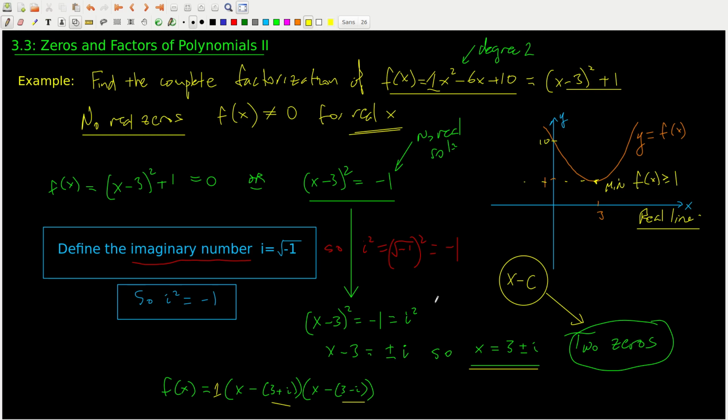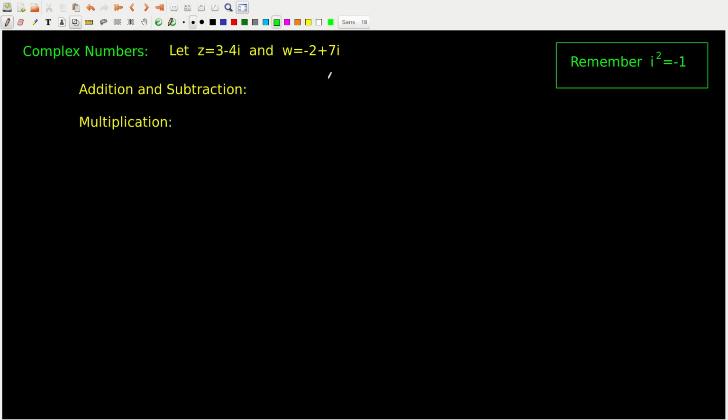Let's look briefly at the properties of complex numbers. So I'm just going to take two complex numbers here and think about how we can combine them. We can add complex numbers. So I've got two complex numbers here, 3 minus 4i, and minus 2 plus 7i. And we can literally add them. We add the real and imaginary parts.